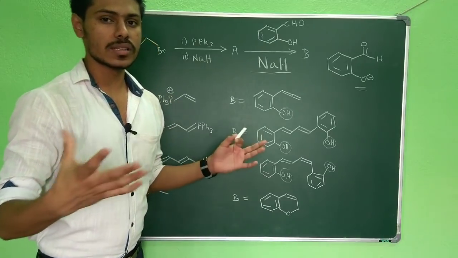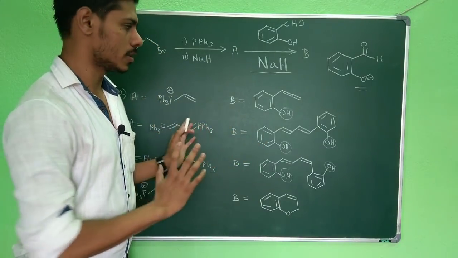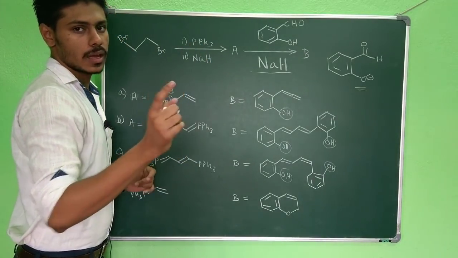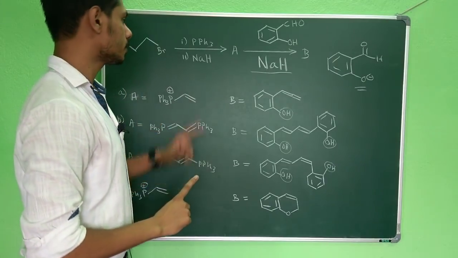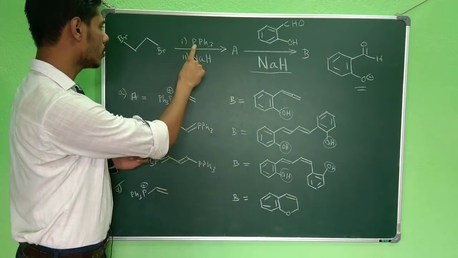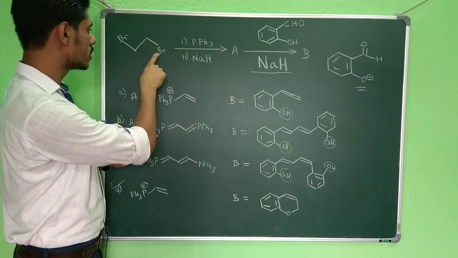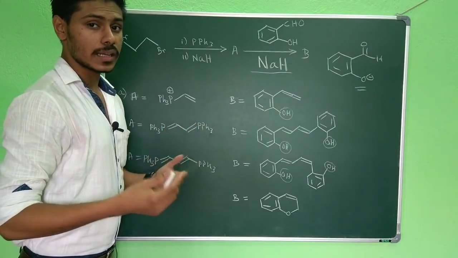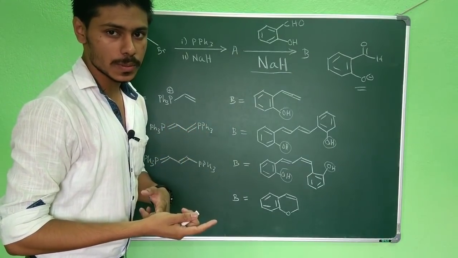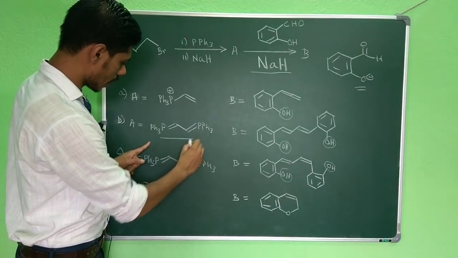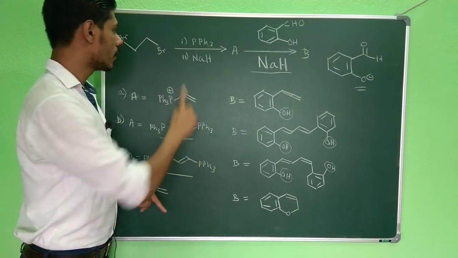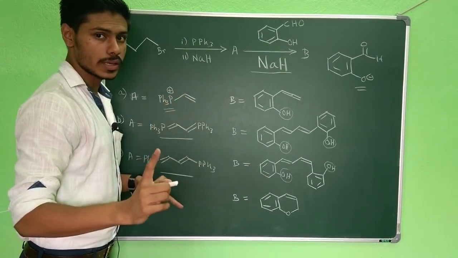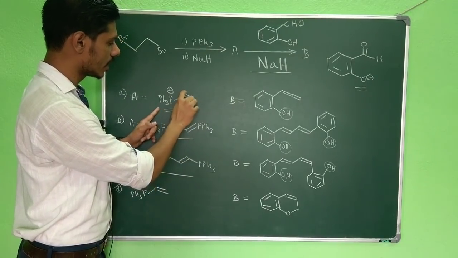Now let us see the exact reaction mechanism of this particular question. In the first step, triphenyl phosphine is given. Here the confusion may be whether one equivalent of triphenyl phosphine will react with this starting material or two equivalents. If two equivalents react, you may get this type of Wittig salt, and if one equivalent reacts, you may get this one, which is not a Wittig salt, because there is no adjacent negative charge over here.